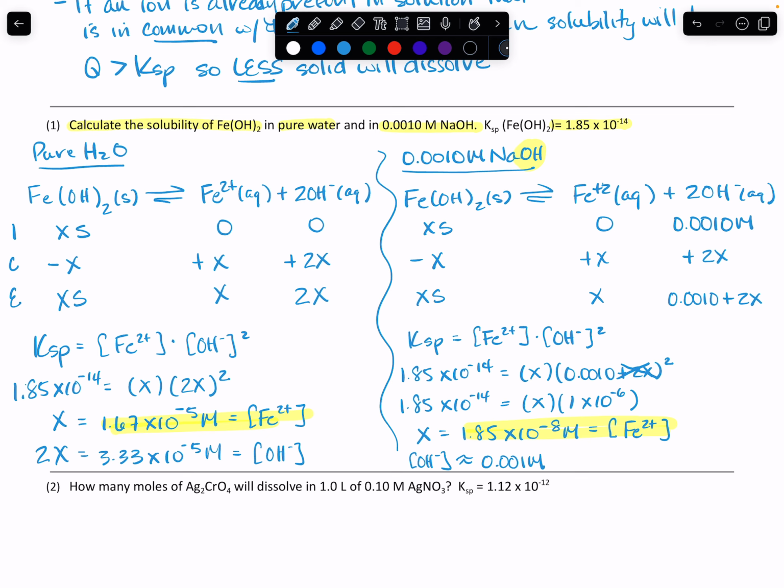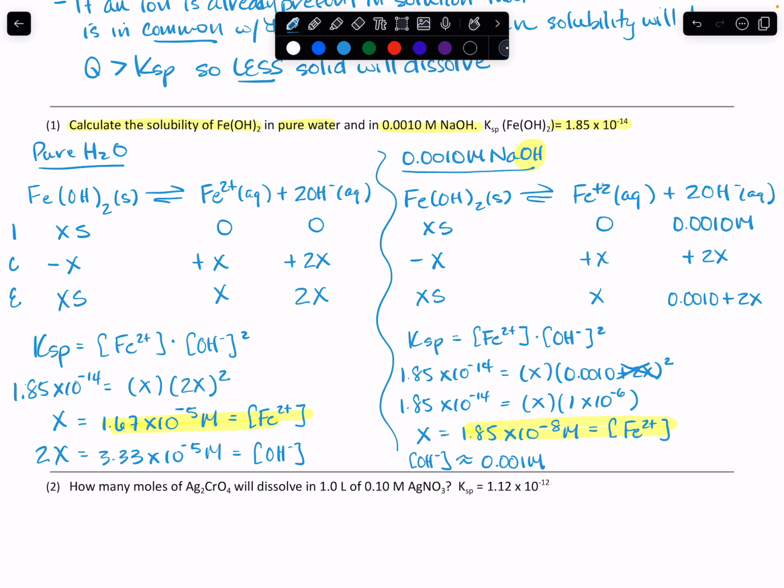That common ion effect causes the system to be stressed because it's already got one of the ions present that iron 2 hydroxide is trying to split into. Because of that, the system does not want to allow more hydroxide into the aqueous solution. So it tends to decrease the solubility of everything that is present.